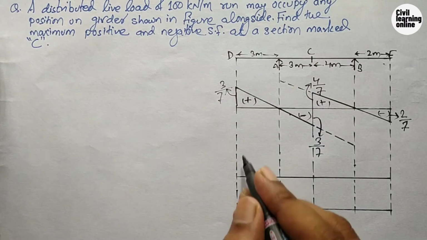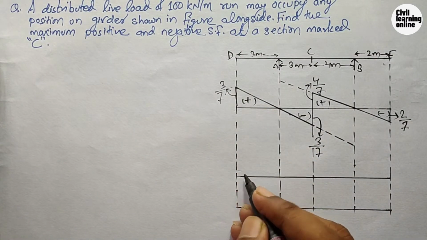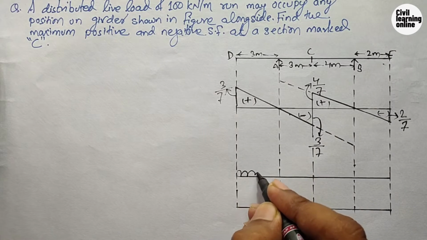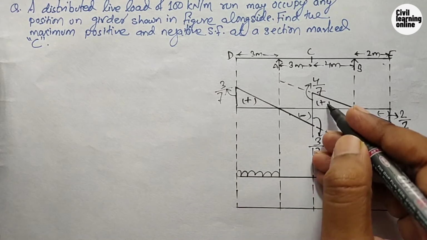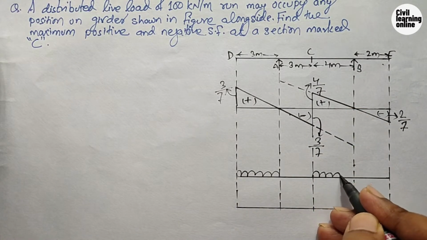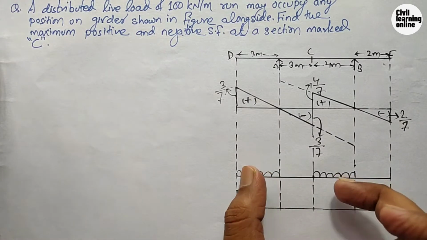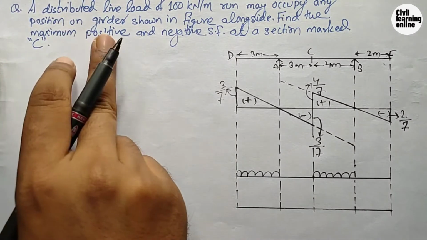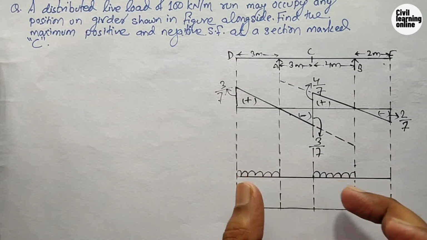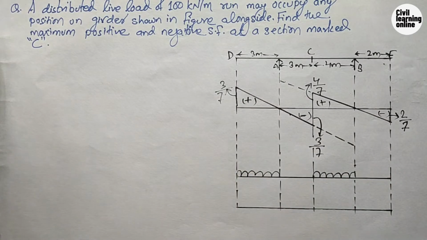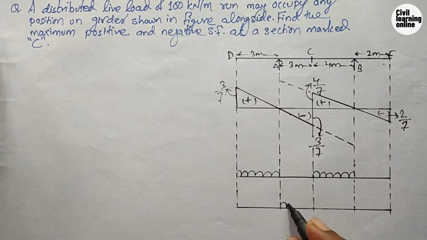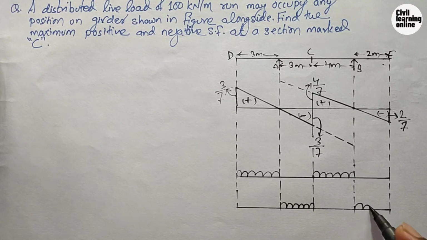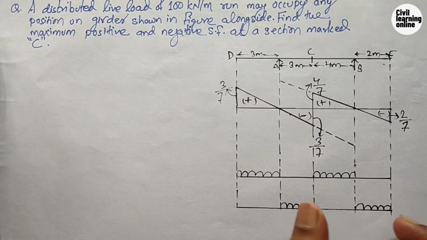So for calculating the maximum positive shear force, we need to place the UDL here as well as here, and the sum of both the values will give us the final maximum positive shear force. Similarly, the maximum negative shear force will be equal to the sum of both positions of this UDL.